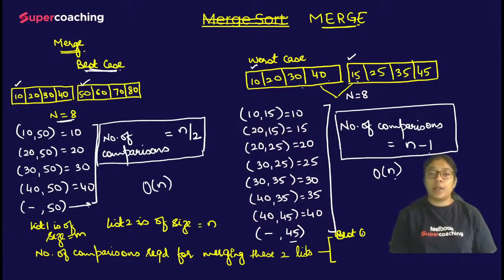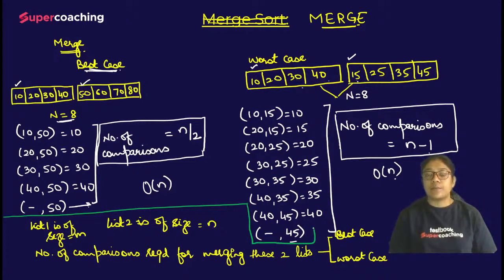How many comparisons will be needed in the best case, and how many in the worst case? Here I have written the answer, so you can take help from there. Moreover, you shouldn't need help, because I have explained the concept by taking examples for both the cases.